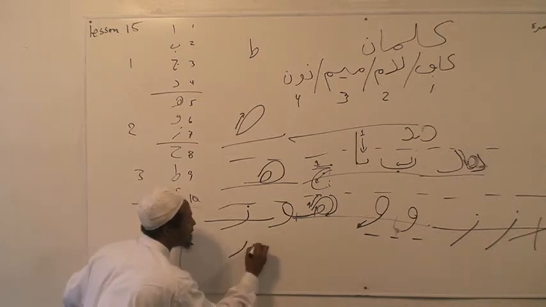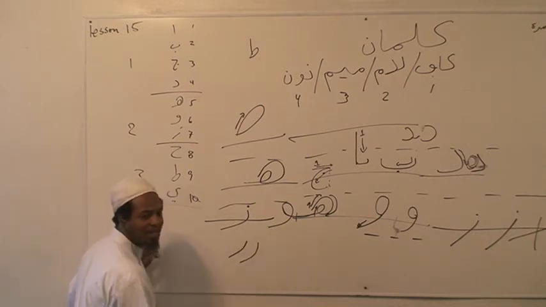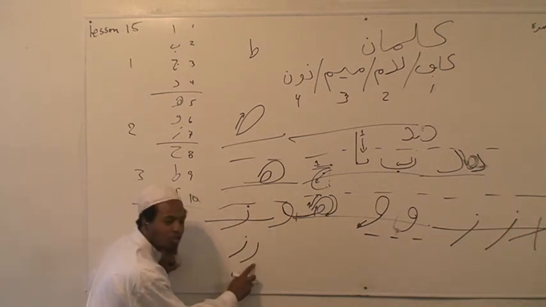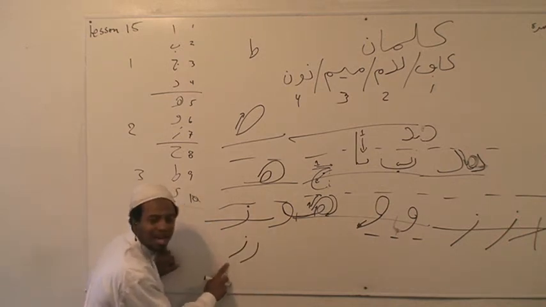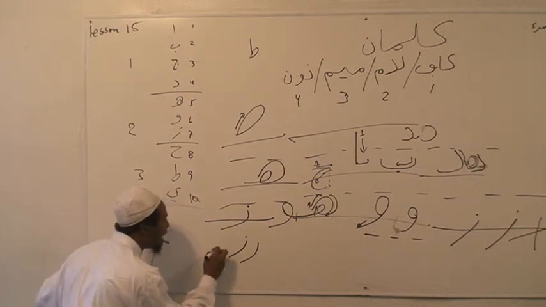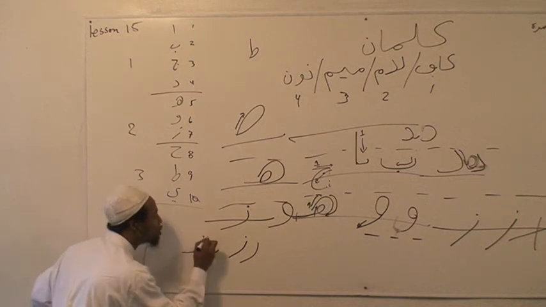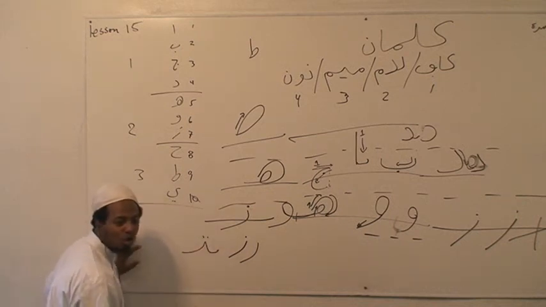For example, if I write these two letters right here and they don't have any diacritical marks, you can't tell if this is Zay or Ra. But if I put a diacritical mark, then you know automatically that this one is Ra and this one is Zay. Or if I go like this, you don't know what that is. But if I put two diacritical marks on top, you know it's Ta. If I put three, you know it's Tha.